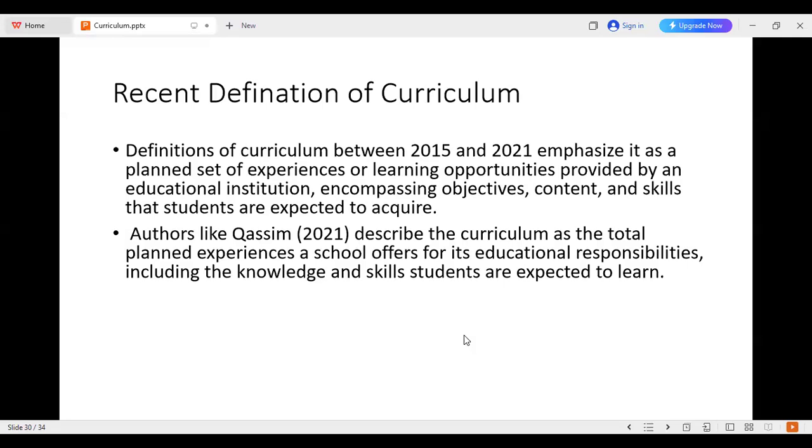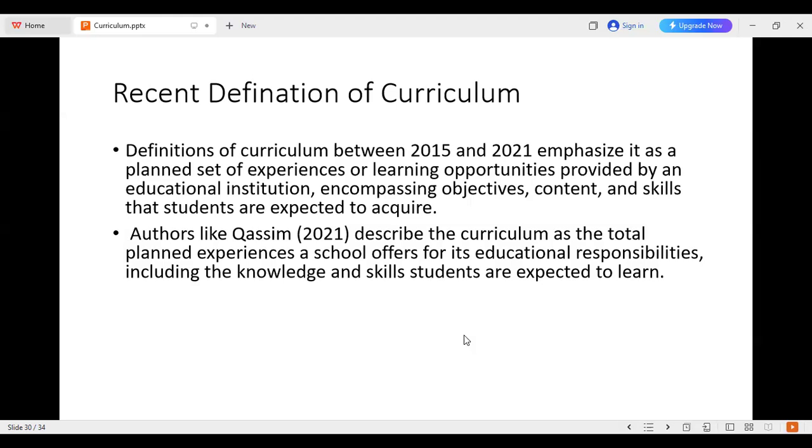Authors like Qasim in 2021 describe the curriculum as the total planned experiences a school offers for its educational responsibilities. Now we can see a new term. All the schools have educational responsibility, including the knowledge and skills students are expected to learn.